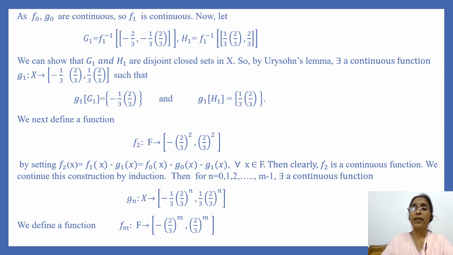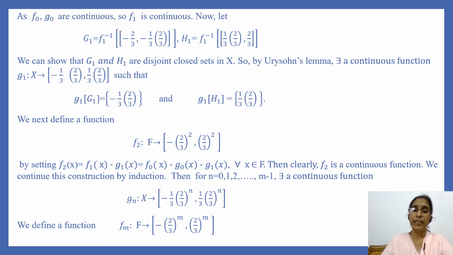We next define a function f2 by setting f2 of x is equal to f1 x minus g1 x, and f2 is a function from the set F to the closed interval [-(2/3)^2, (2/3)^2]. And since f2 is a linear combination of continuous functions f naught, g naught and g1, f2 is clearly a continuous function.